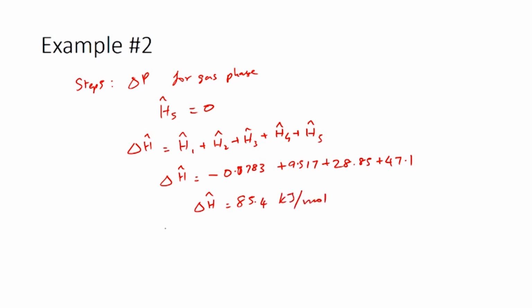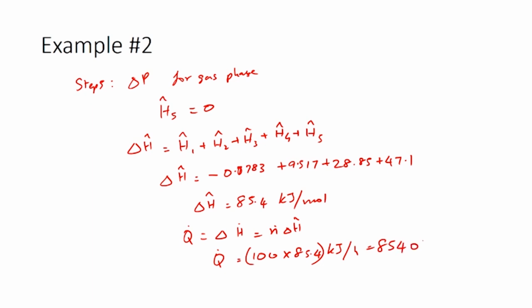From here we can calculate H dot, which would be equal to Q dot. Q dot equals delta H dot equals N dot delta H cap. N dot has been given as 100 moles per hour, and from there we can calculate Q dot as 100 times 85.4, which is 8540 kilojoules per hour.